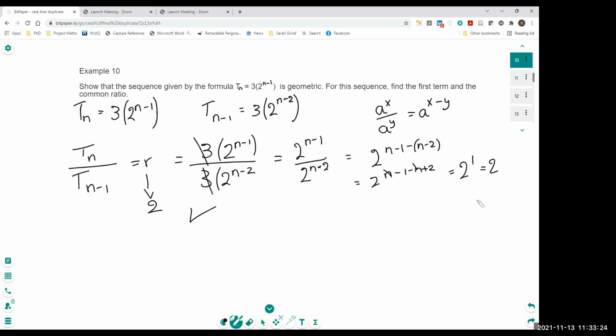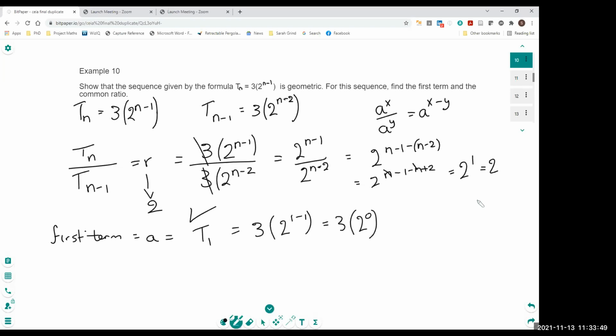For this sequence, find the first term and the common ratio. So they're looking for the first term. T of 1 is also the first term. We call it a, but we also call it t of 1. And that's going to be 3 times 2 to the power of 1 minus 1, which is 3 times 2 to the power of 0.